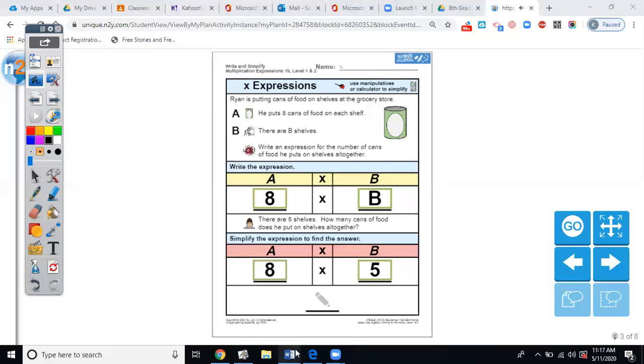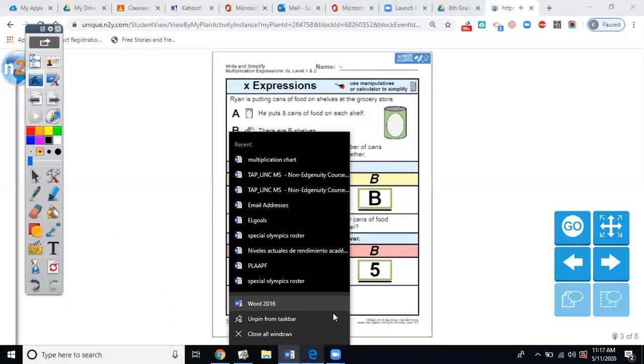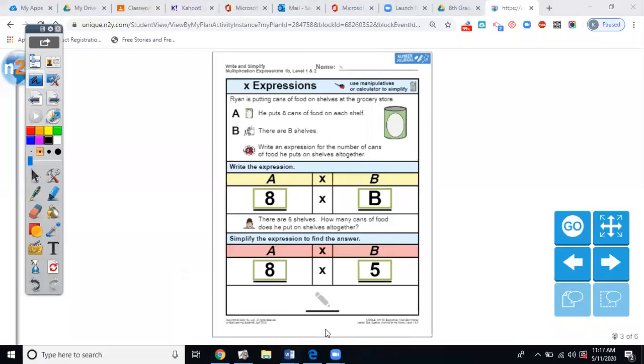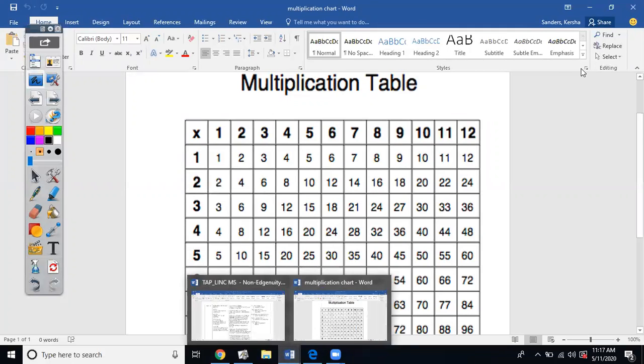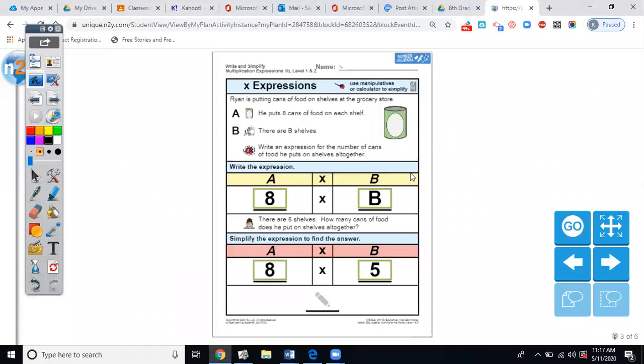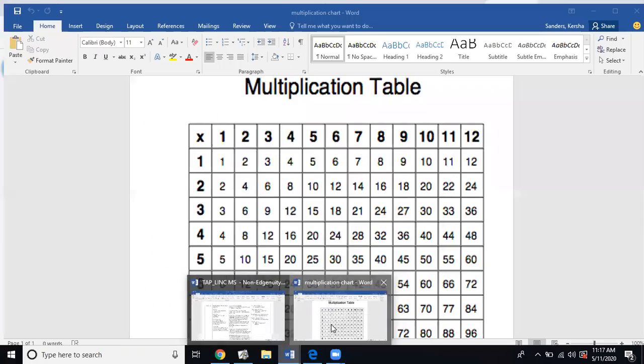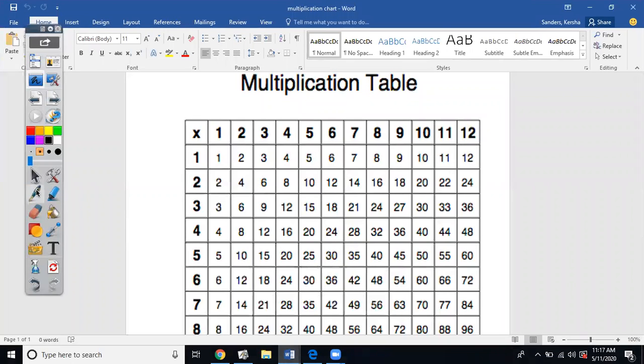So let's just bring up our multiplication table here. Here we go. Okay, so we are going to do 8 times 5.